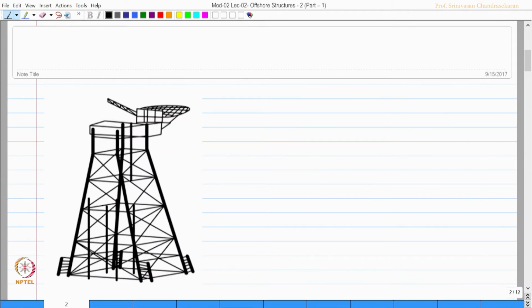If you look at this figure, which shows me the sketch of one type of platform, this is a typical jacket platform. We call this a typical jacket structure.